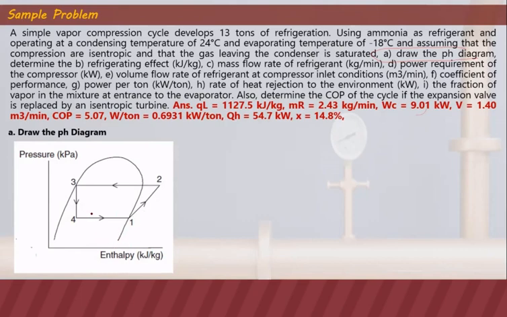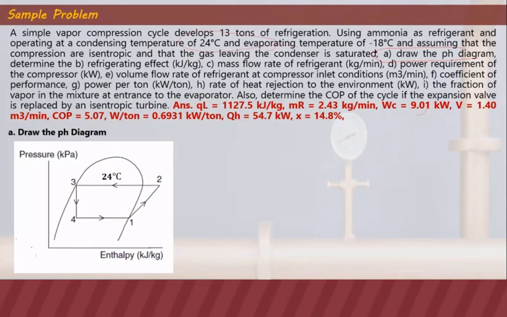For a vapor compression cycle, this is how the cycle would look like. We have points 1, 2, 3, and 4. And we are given in the problem that the condensing temperature is 24 degrees Celsius, so we have 24 degrees Celsius on the condenser side.